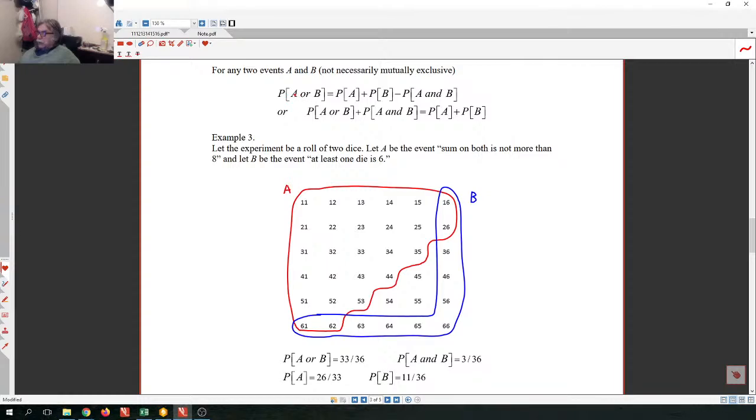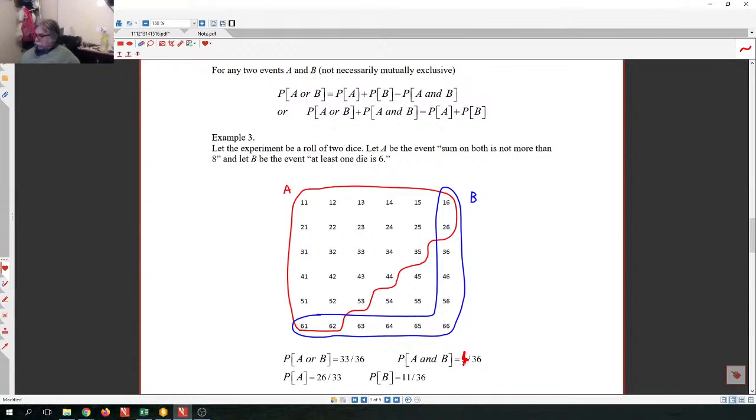Again, this would be property A or B, so A or B, 33 out of 36. Probability of A plus probability of B would be 26 plus 11, that would be 37 out of 36. Minus probability of A and B, that would be minus 3, that would be 37 minus, what was that? Ooh, I made a mistake here. A and B is 4.